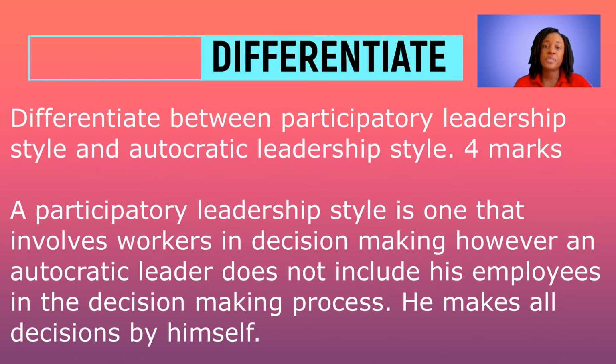So we could say a participatory leader is one who includes his employees in the decision making process. However, an autocratic leader does not include his workers in the decision making process. So you now can see clearly the difference between the two.